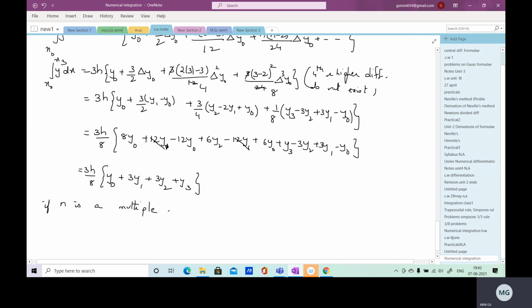The integral from x0 to xn of y dx is equal to the integral from x0 to x3, plus x3 to x6 of y dx, plus it goes on like that, up to xn minus 3.